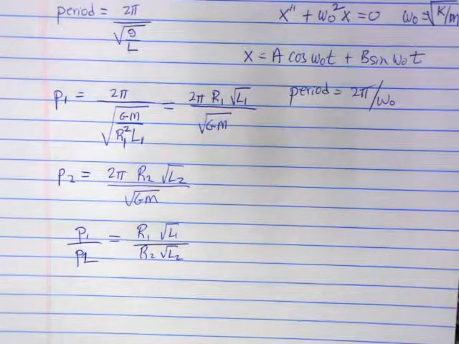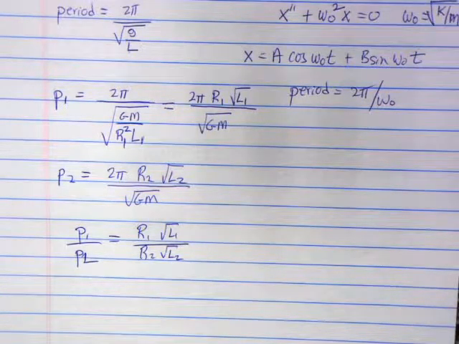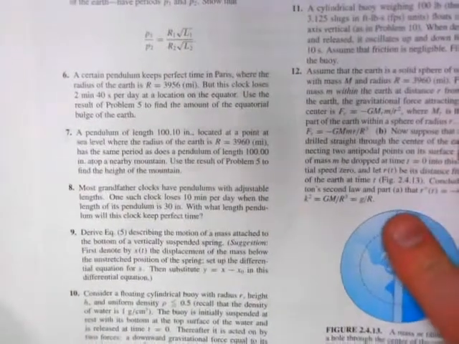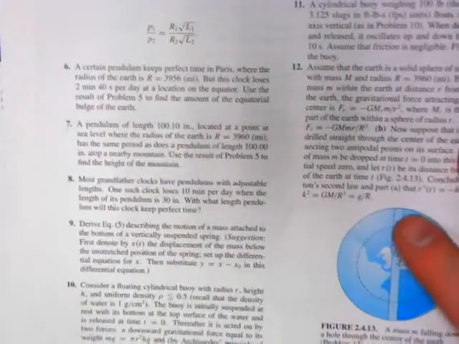I'm left with P1 over P2 equals R1 square root of L1 over R2 square root of L2, which is exactly what the problem said they were supposed to be. All right, so you're going to use that result to answer problems 6, 7, and 8. Except I'm going to do problem 6 for you.